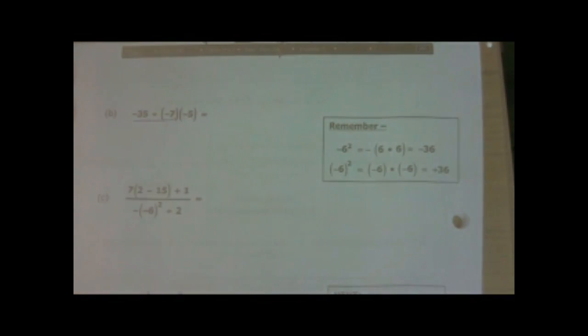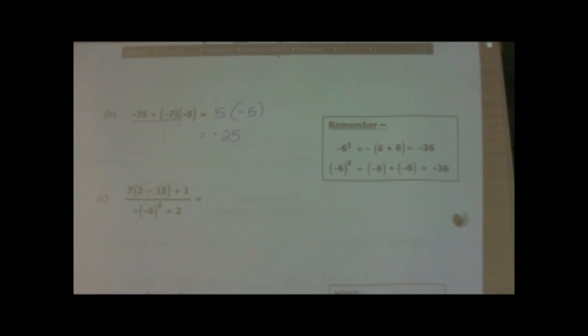This goes first, left to right between multiplication and division. So negative 35 divided by negative 7, 2 negatives give you positive. And then I have multiplied by negative 5. This will give me negative 25. Don't let your eyes trick you. Go with the rules. The rules are the order of operations. All right, next one.